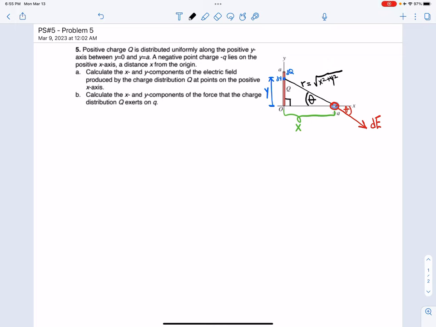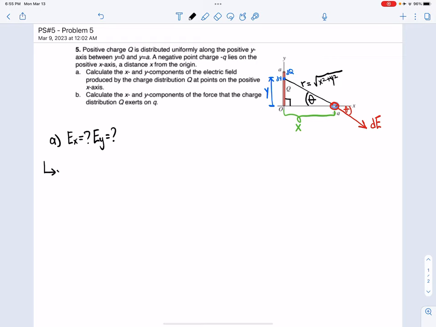So for part A, let's calculate the x and y components of the electric field. So Ex and Ey. All right. I'm going to draw my dE out so that I could have a better visual of it.